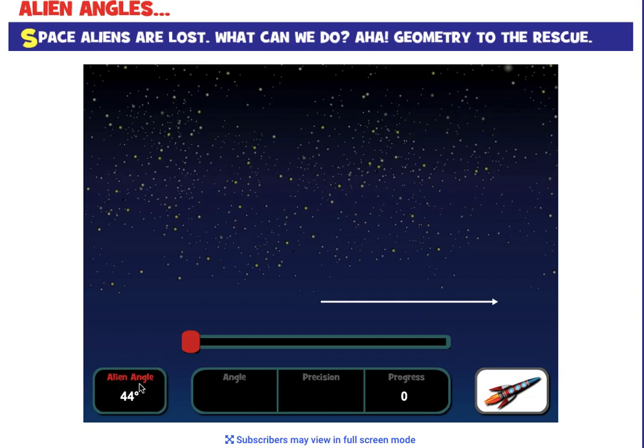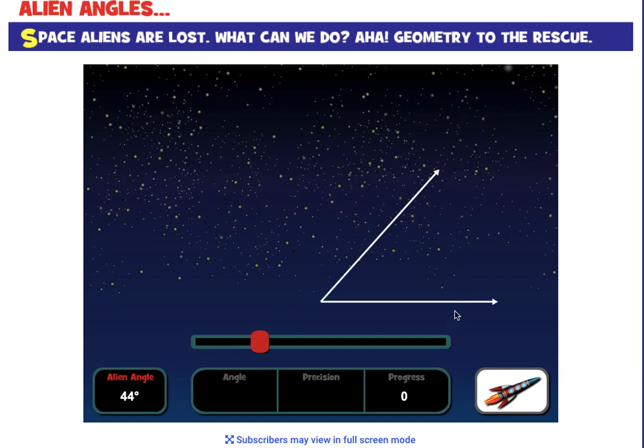So we need to create a 44 degree angle. I need to get as close as I can to 44 degrees. Now I know that this is a 90 degree angle. That's a right angle. And I know that half of a right angle is going to be 45 degrees. So I'm going to guess that that's 44 degrees.